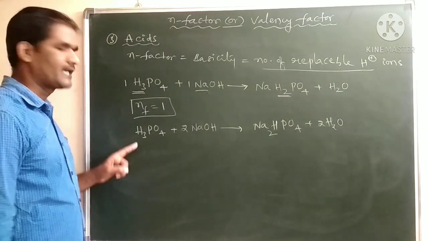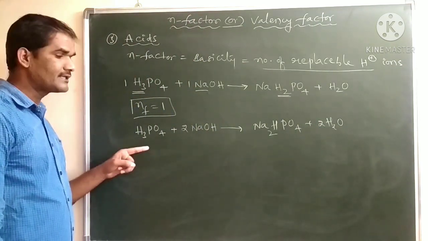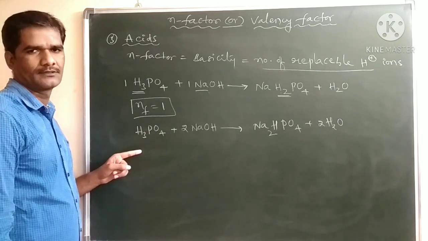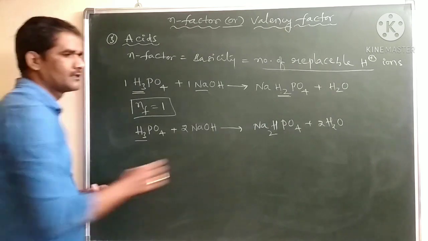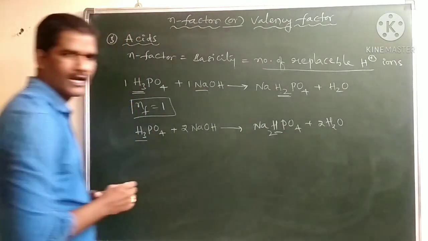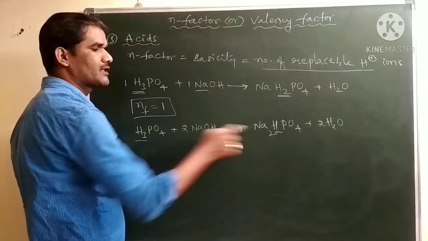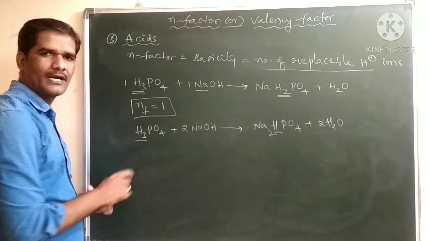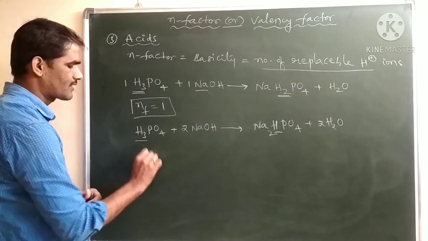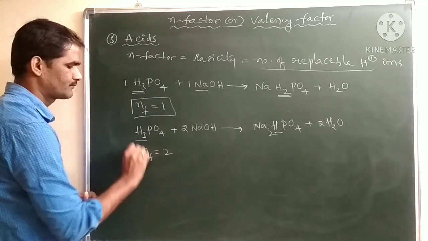If they ask what is the N factor of H3PO4 in this particular reaction, now again if you see how many hydrogens are replaced, 2 hydrogens are replaced with 2 sodium atoms. So here replaceable hydrogens are 2. So N factor is equal to 2.